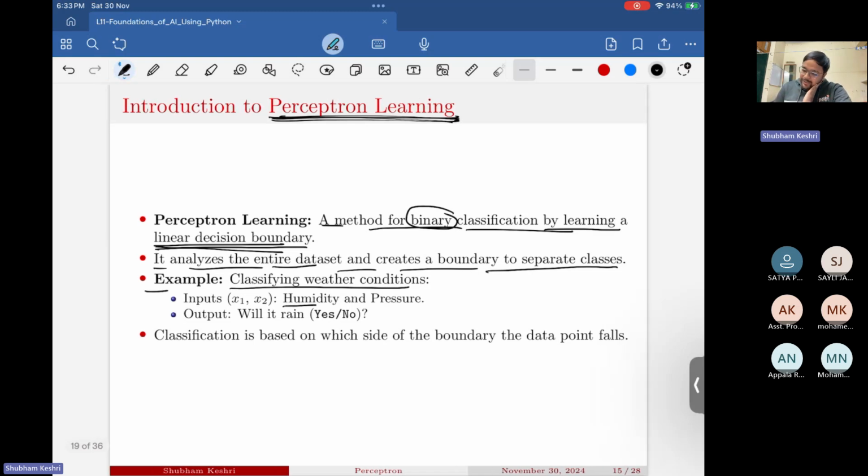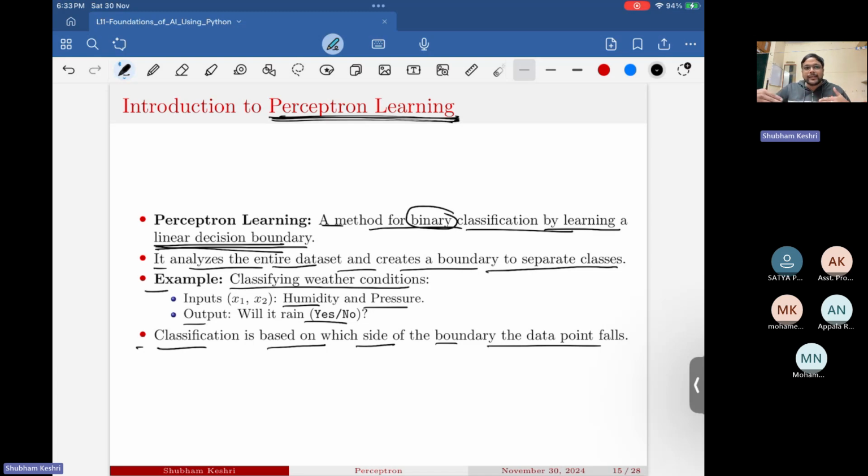The inputs can be humidity and pressure, and the output can be yes or no. So that blue line and red line, the blue dots and red dots, yes, it was rainy, no, it was not rainy, and so on and so forth. Classification is based on the side of the boundary the data point falls. So we will draw a line, and one side will be yes and the other side may be no, or vice versa, right?